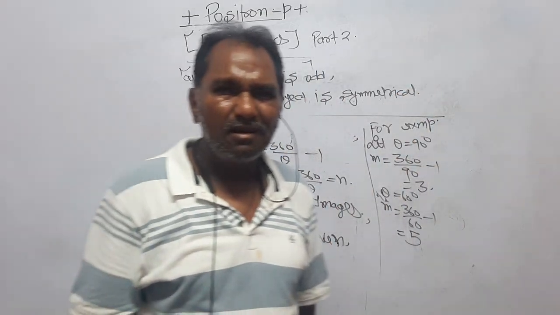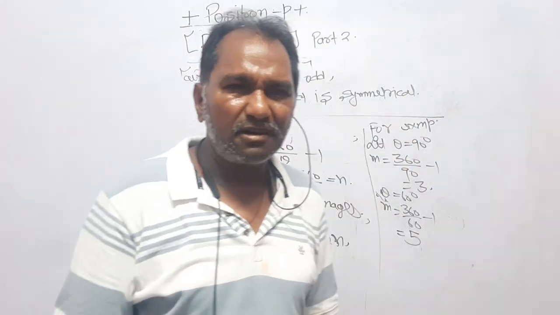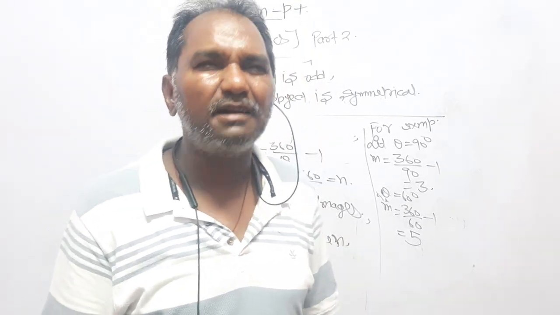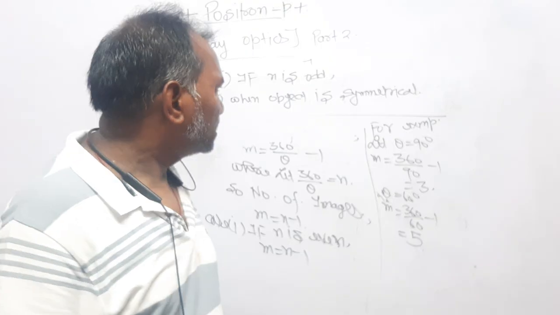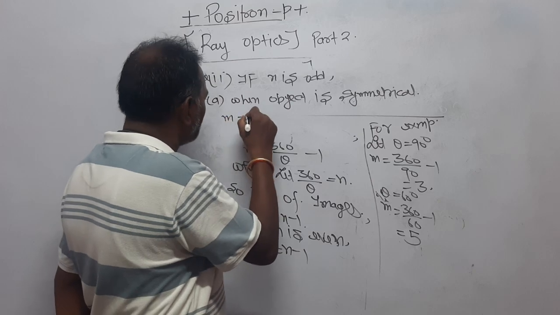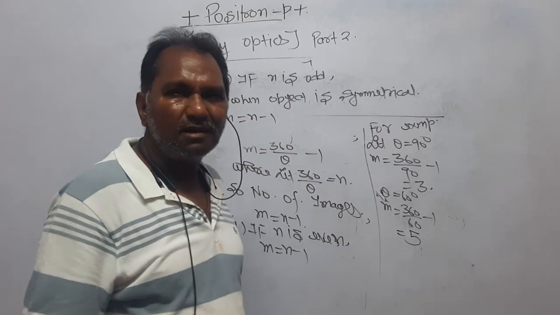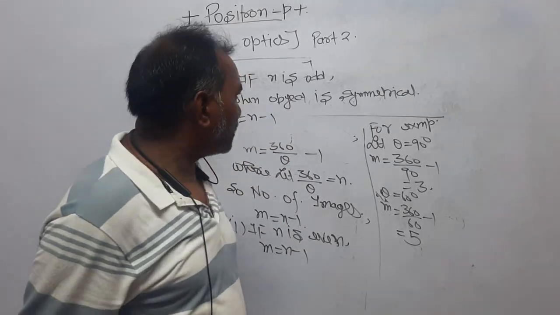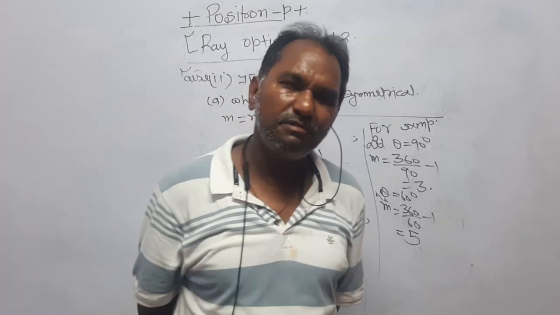Symmetrical means it is kept at the angular bisector of the two mirrors. In this case, the number of images m is n minus 1.